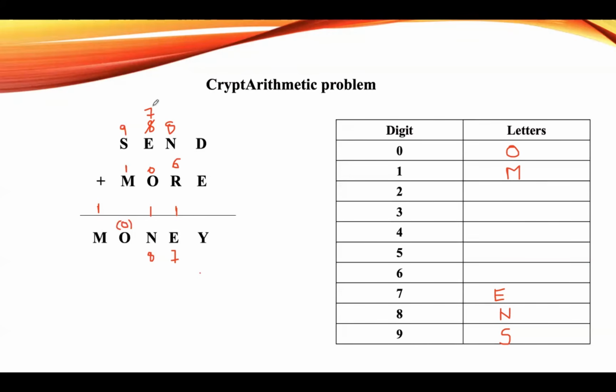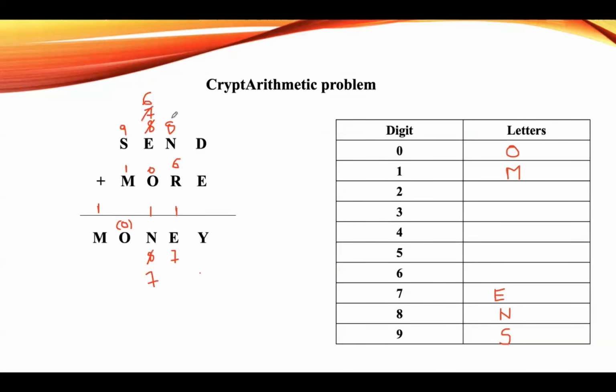So in order to avoid that, instead of assigning 7 to E, let us assign 6. If you assign 6, 6 plus 1 gives you 7. So try that option. 6 plus 1 is 7.